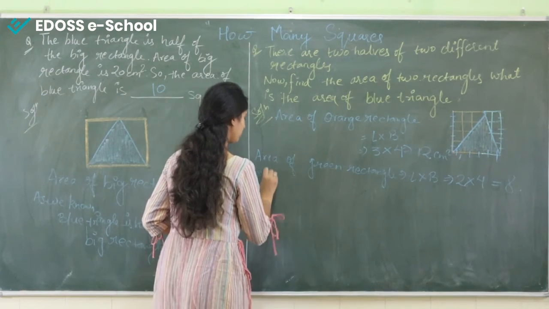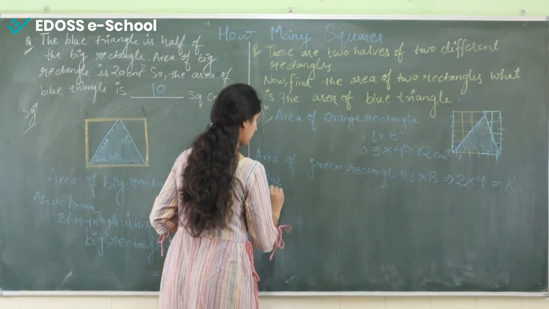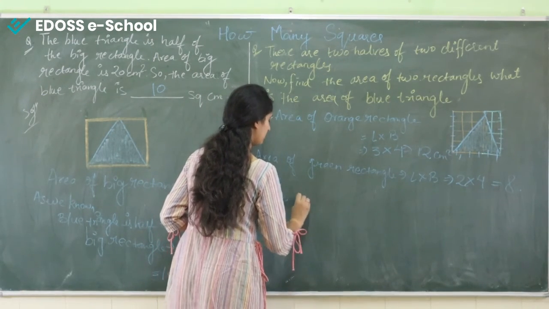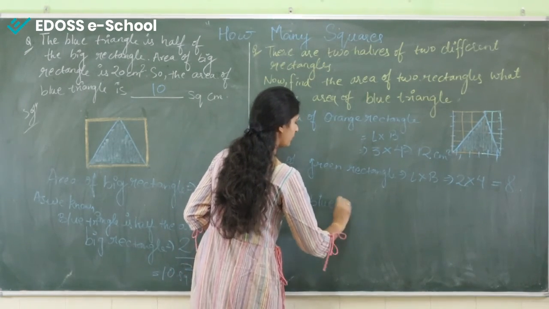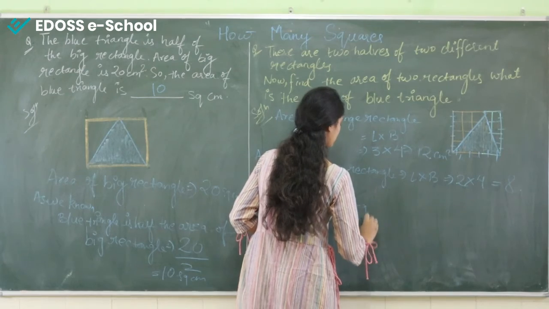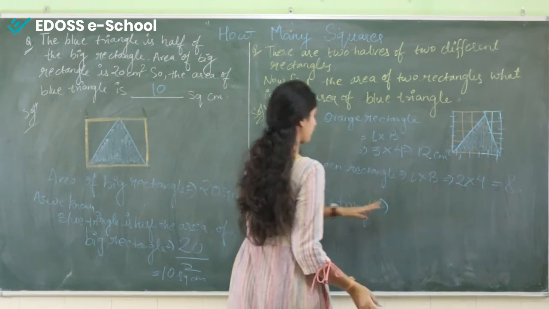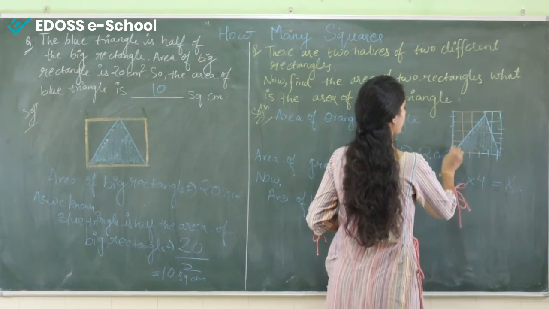So now we have to find the area of blue triangle. So what will be the area of the blue triangle?